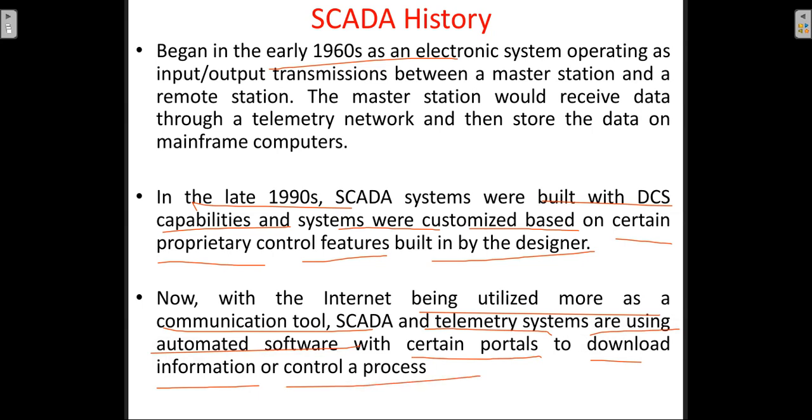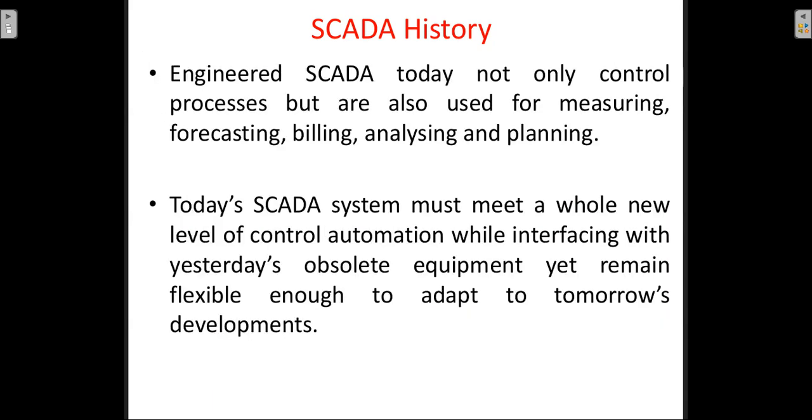Some examples I will take later, how exactly the automated softwares play their role in the overall data acquisition system, even in the supervisory control. So then engineered SCADA today not only control processes, but also are used for measuring, forecasting, building, analyzing, and planning, right?